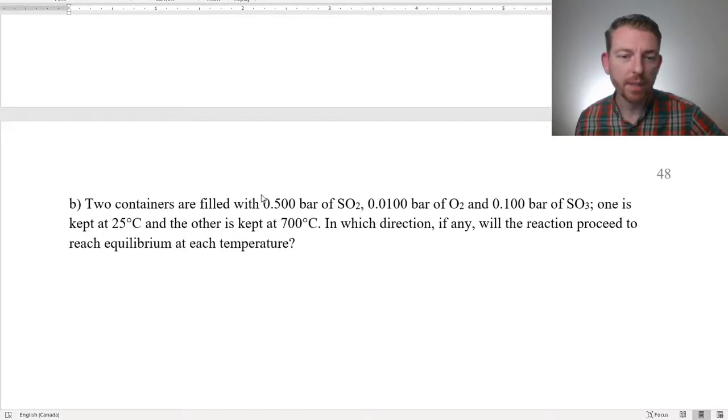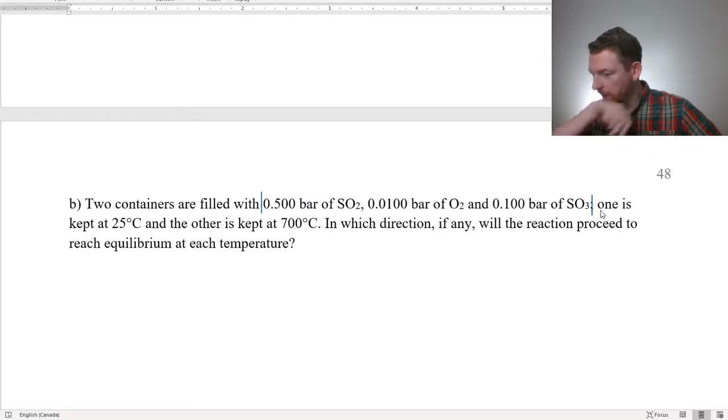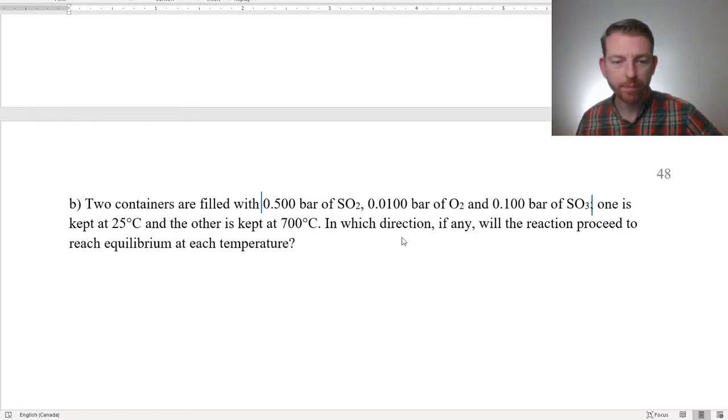There's no reason to believe that these are going to be the equilibrium values. It's just what it's actually at. So now we're going to want to start thinking about this other equation that we had, where delta G for any scenario is delta G standard plus RT log Q.